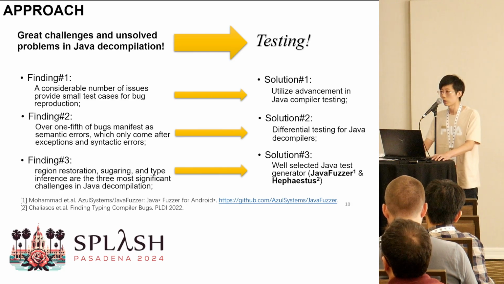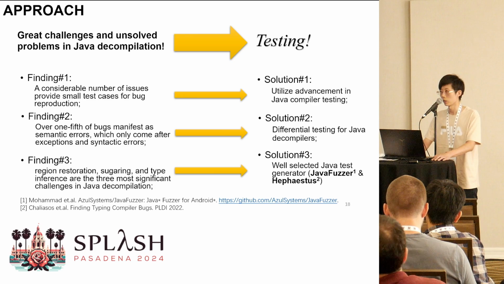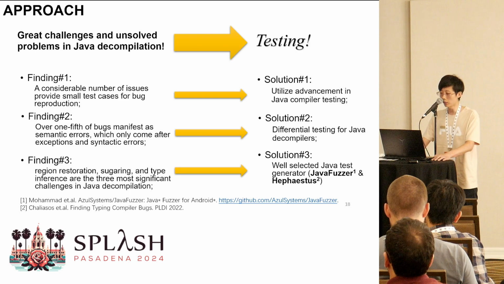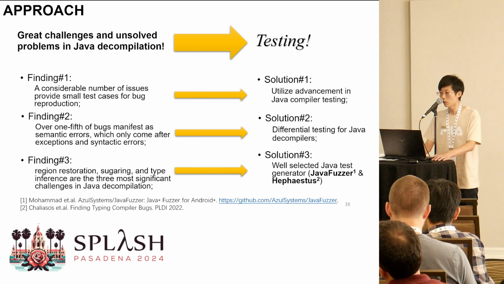We can use their test generators to generate high-quality test cases; though they are designed for Java compilers, they can also be used to test Java decompilers. Second, we take the strategy of differential testing, so that we check whether the decompiled code and the source code are both syntactically correct and semantically equivalent.